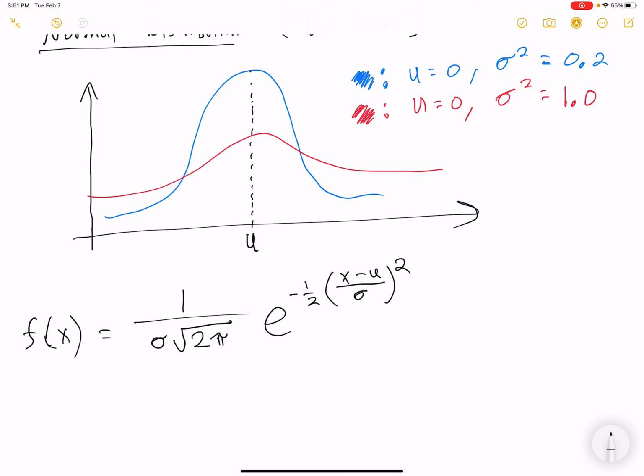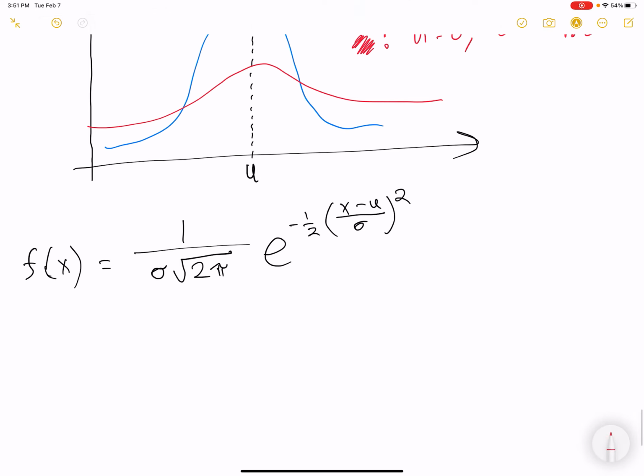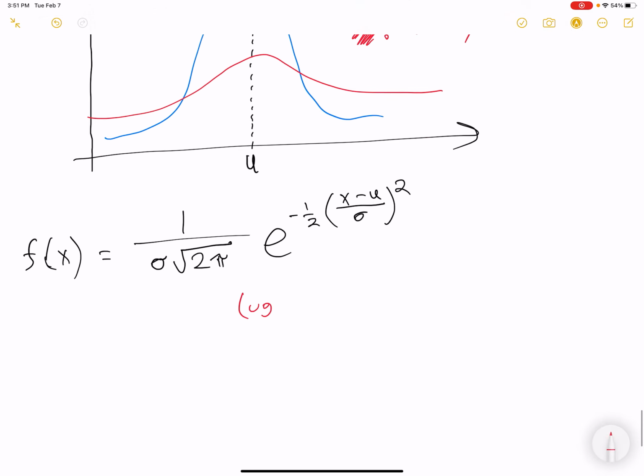Isn't that an ugly equation? This is the equation that gives us the bell curve. So for those who are looking at the notes, let me clarify that this is an ugly equation and there is no need to memorize it. I mean, there's no need to memorize anything really because the exams are open notes.